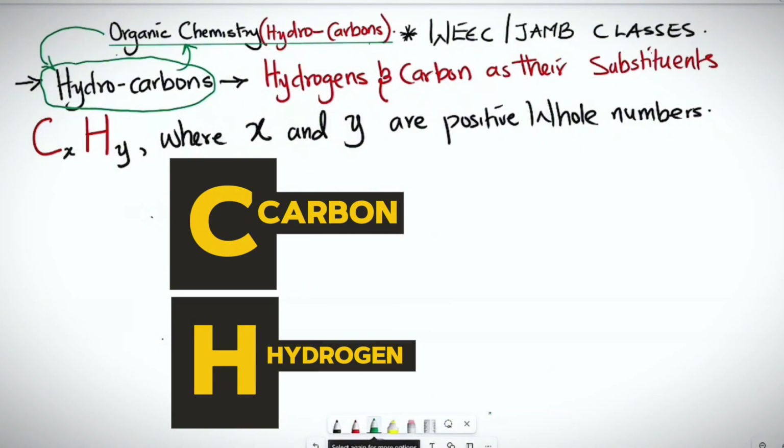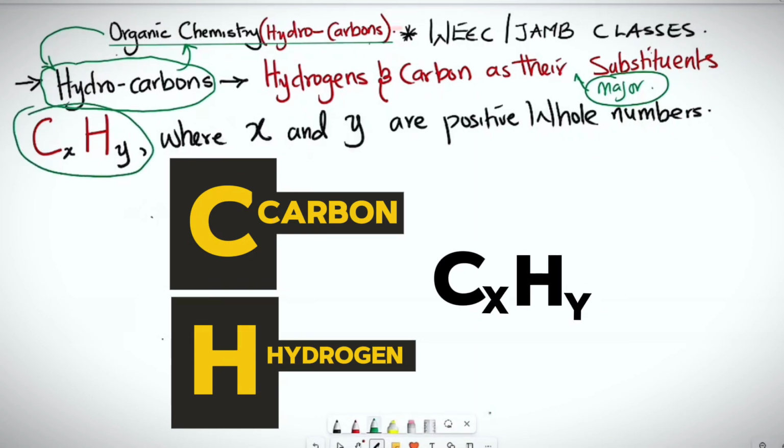Although there are other compounds or elements, or should I say atoms, in organic chemistry, the major substituents are carbon and hydrogen, and they are written in this format: CxHy, where x and y are positive whole numbers. These are the first things we need to know, right?